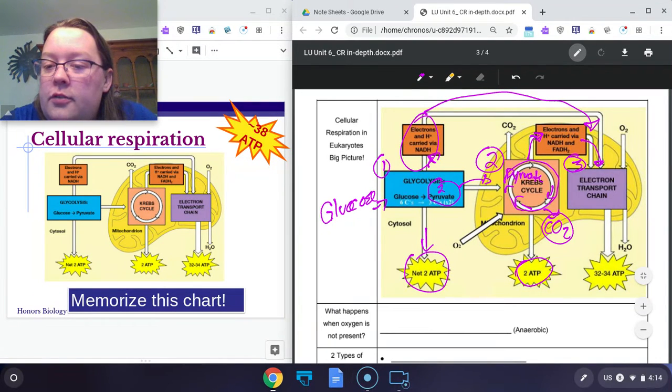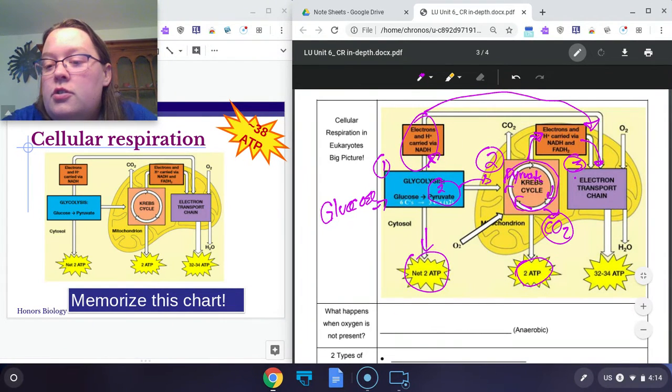So all of the electron carriers that we made are now going to be moved to step 3. In step 3, the electron carriers are going to release all of their electrons. So all the electrons are going to come off. The electrons are going to run through a protein called ATP synthase, and that is going to make tons and tons of ATP.